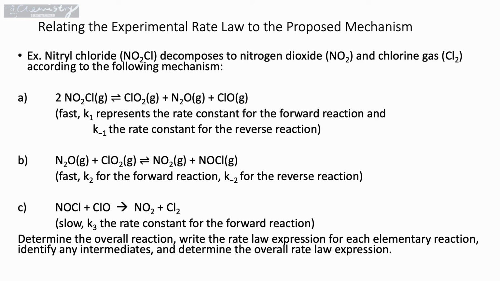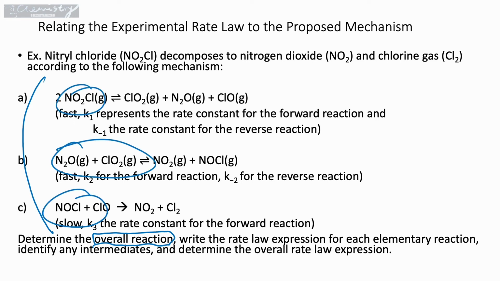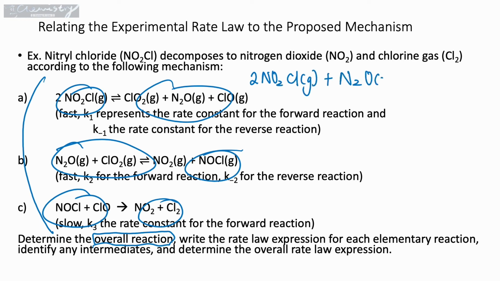So before we do anything, just by looking at this, we can determine the overall reaction because all we have to do is add all the elementary steps together. So basically add everything on the left side together and add everything on the right side together. So let's try that. So that is 2NO2Cl gas plus N2O gas plus Cl2 gas plus NOCl plus ClO.